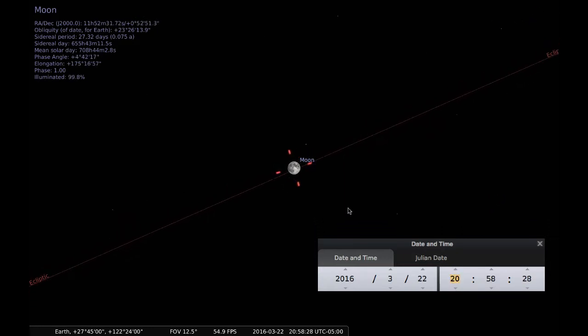But the moon's full, and it's on the ecliptic. Well, no, it's not quite full, 99.8. It's just enough off of the full phase. And then when I'm right at the full phase, it's just enough off the ecliptic that I don't get a lunar eclipse. I bet the Earth's shadow is right about there or so, maybe even right about there. So my prediction has failed.